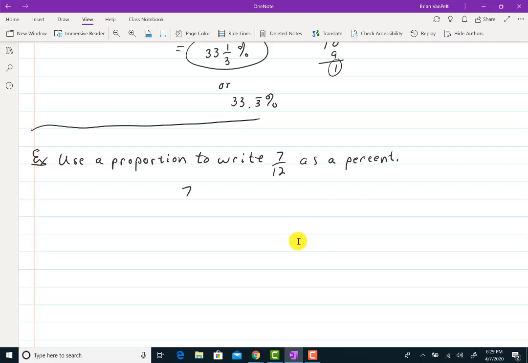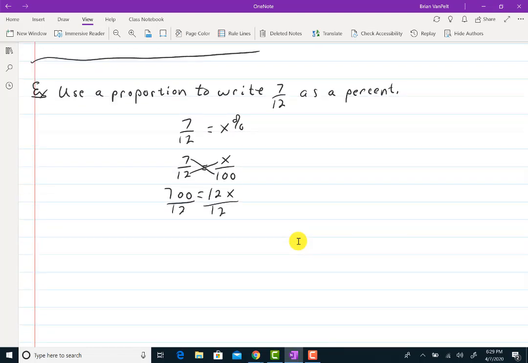So 7/12ths equals x%. This was my model for setting up the equation. It's the same as 7 over 12 equals x over 100. Cross multiply. 700 equals 12x. Divide by 12.